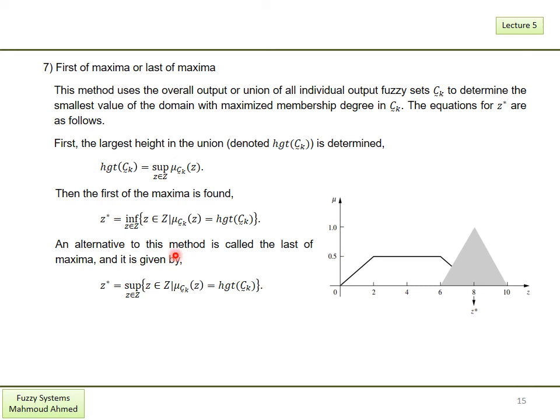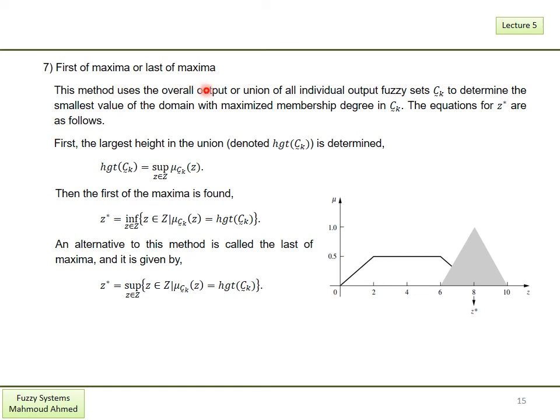The last method, which is the seventh method, we simply consider only the maximum value for a given membership function, and if this maximum value is represented with a constant value, represented by a line for example, we consider the first of maximum and the last of maximum.